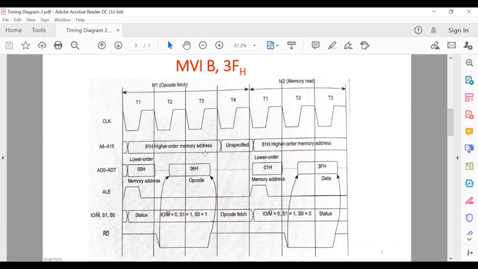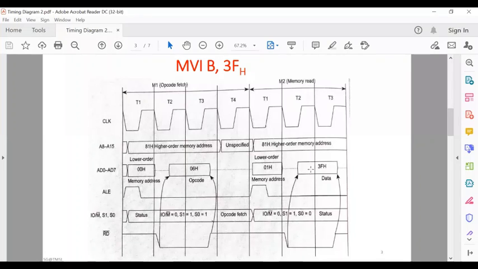Then it demands the operand part, and to read the operand, you need to access the next memory location, which in this case will be 8101. The first one was 8100, so the next memory location is 8101, and at 8101 what is situated?